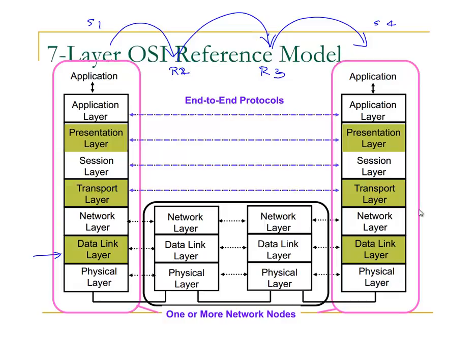But what they do need to do is have all the lower layers, because the network layer, if you remember, interconnects all these media together. So it needs to know where to go. In other words, the network layer on this router R2 needs to forward to R3, which then forwards to the eventual destination S4.